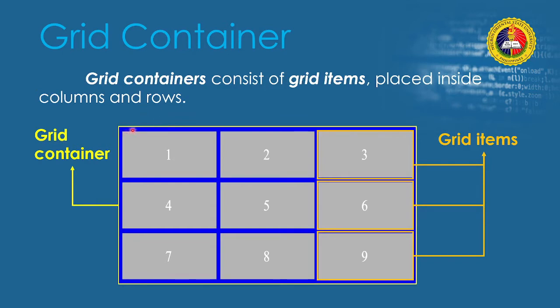So in this example, this is the grid container itself, and these are the grid items, these boxes. The grid items are placed in columns and rows. Columns go this way, and rows go that way. It looks like a table, with columns and rows. So that is how a grid container and its grid items are going to look.